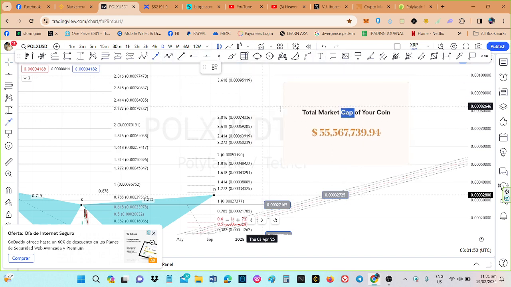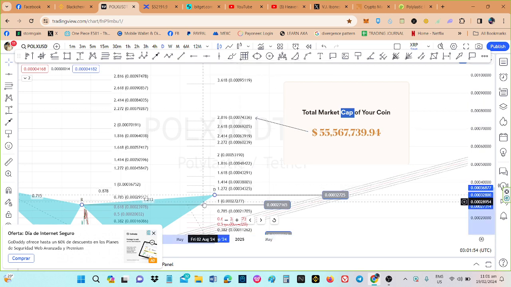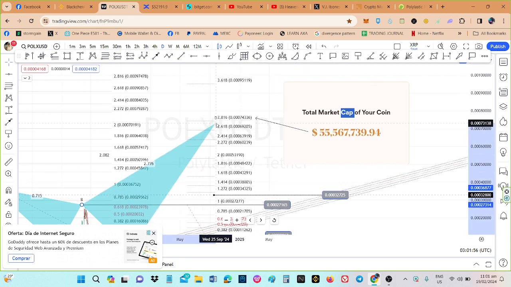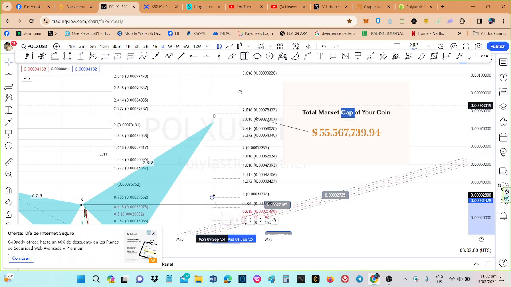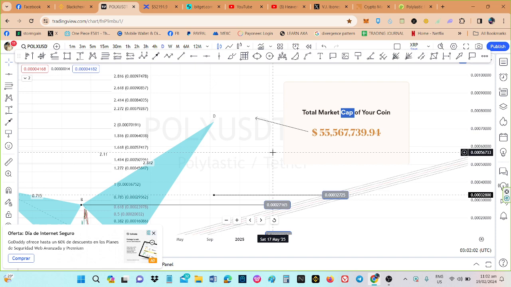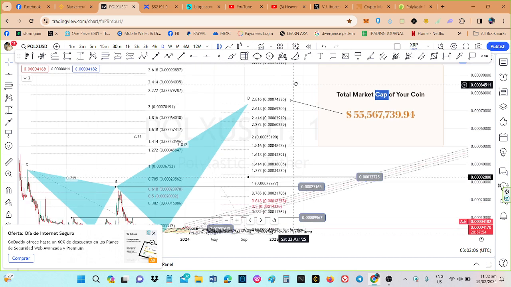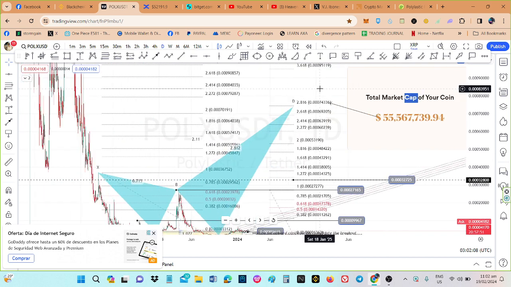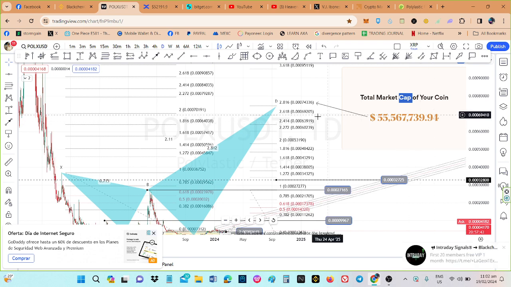Put an arrow to it. So this delusional target needs to have a total market cap of 55 million 567,739.94 to hit or reach this 2.816 leg.